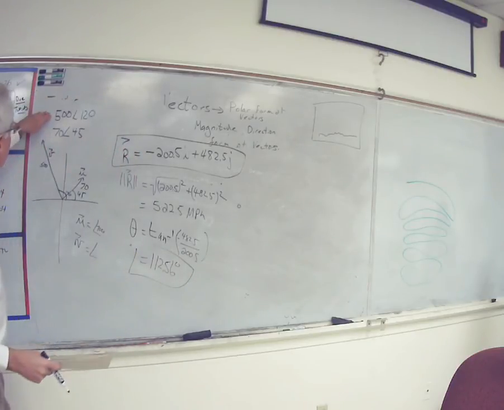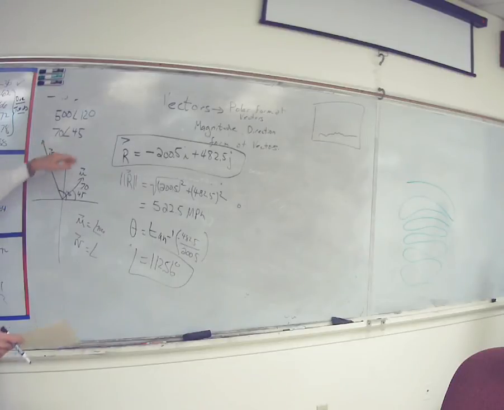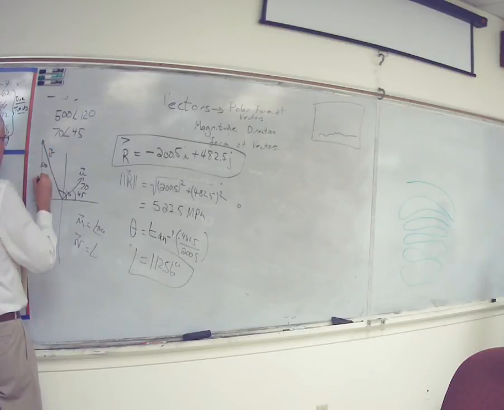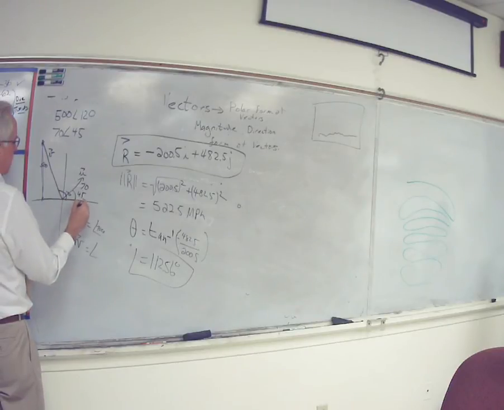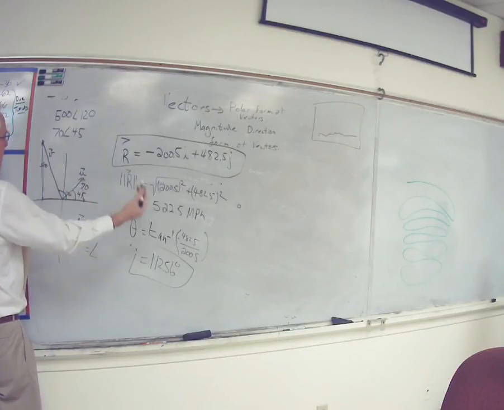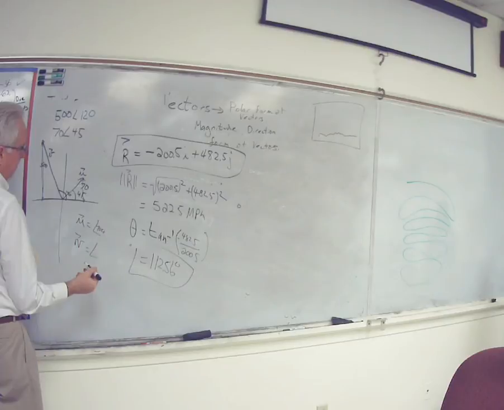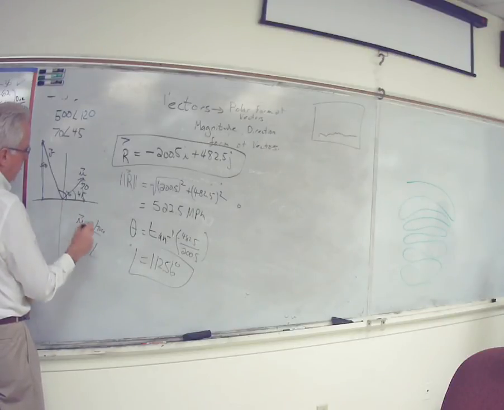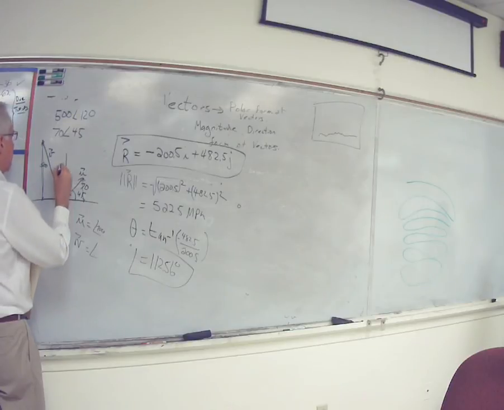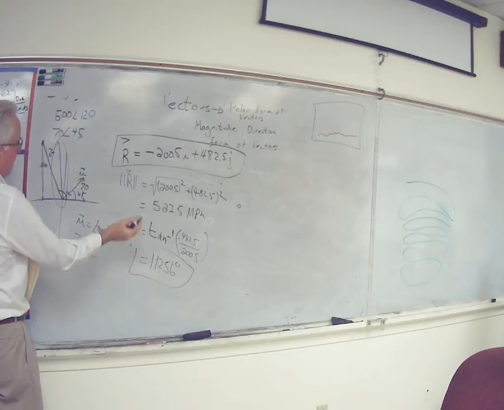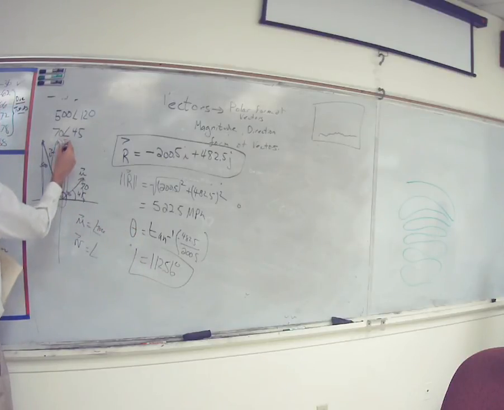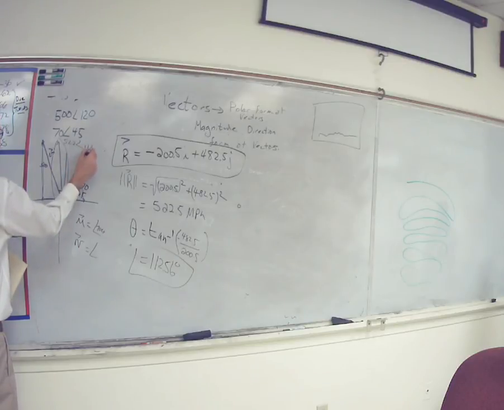So if I have 500 at 120 and 70 at 45, I break the 500 into two vectors and the 70 at 45 into two vectors. I add them together, then convert back, and what I get is 522 at 112. The answer is a magnitude of 522 at an angle of 112.5.